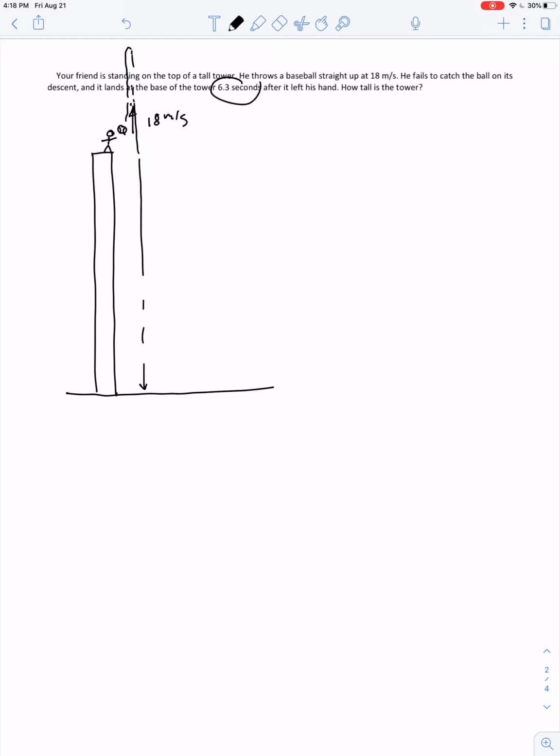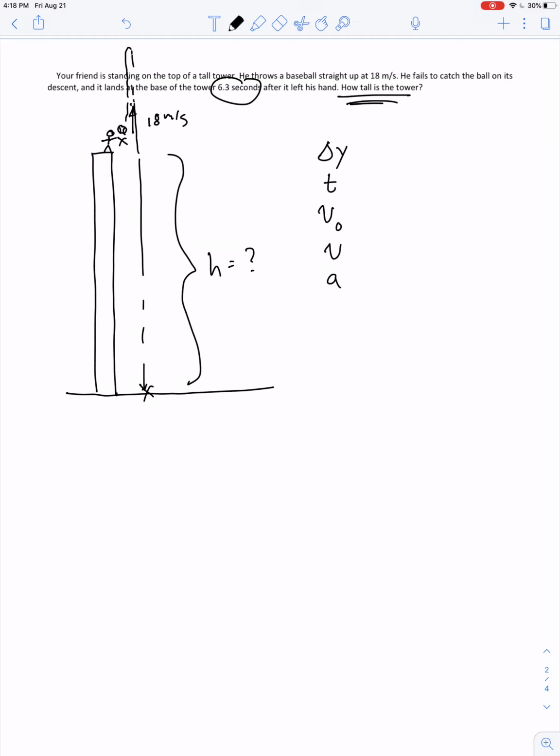It takes a total of 6.3 seconds from when it leaves his hand until it hits the ground. How tall is the tower? So we'll say h equals question mark. What's the height of this tower? So let's make a list. Delta y, t, v naught, v, and a.